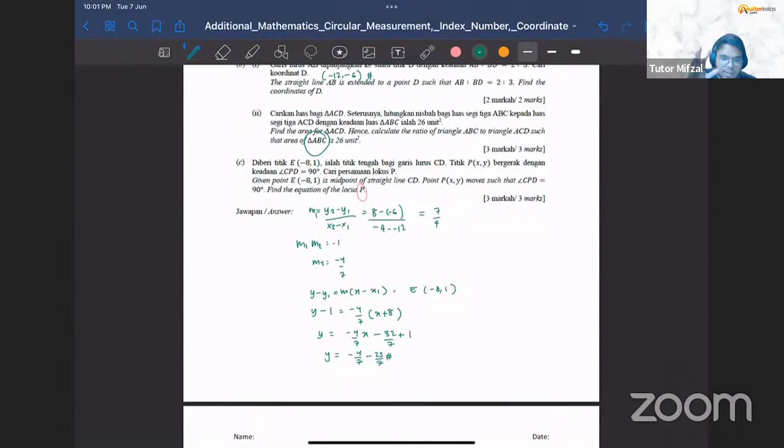Dia paper 2 ni, there's a lot of stuff that you need to look at lah. Right, so you guys have to look at most of the questions. You guys have to analyze the question first, determine your steps that you need to do.